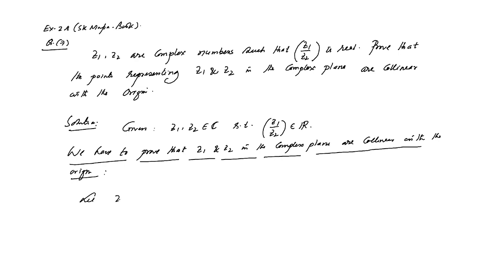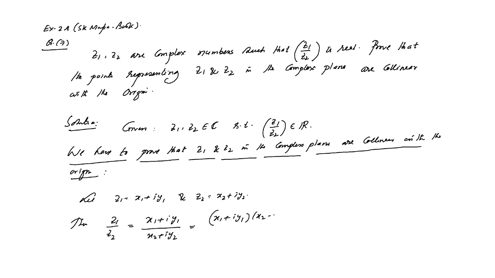So again, if we take Z1 equals x1 plus iy1 and Z2 equals x2 plus iy2, then what is the ratio Z1 by Z2? That will be (x1 plus iy1) by (x2 plus iy2). Next, multiply the numerator and denominator by x2 minus iy2.